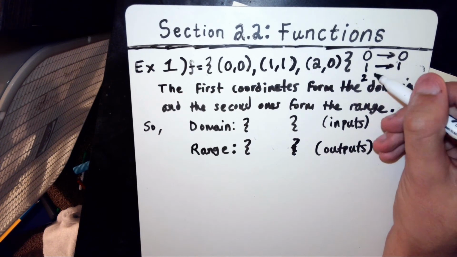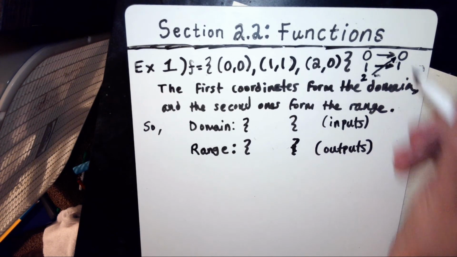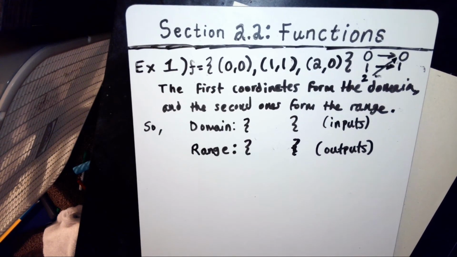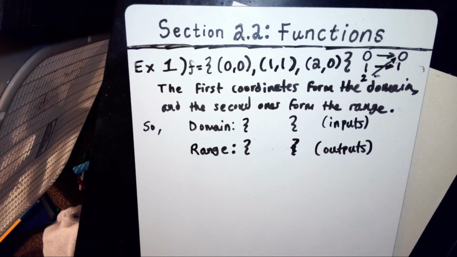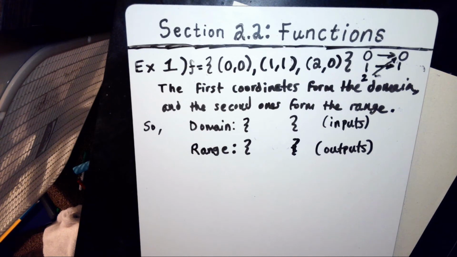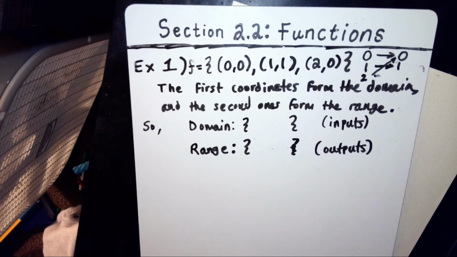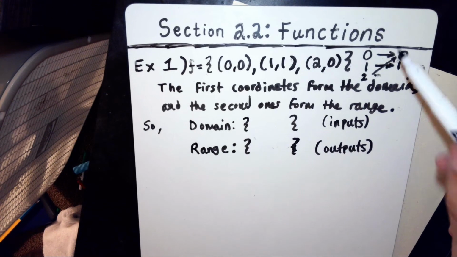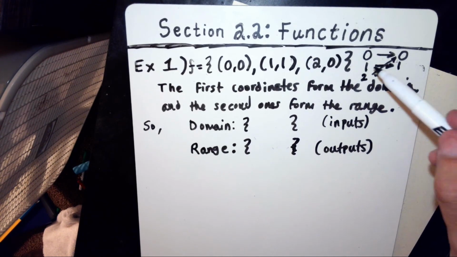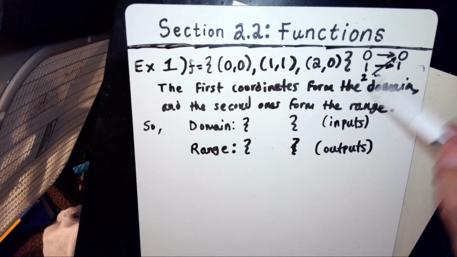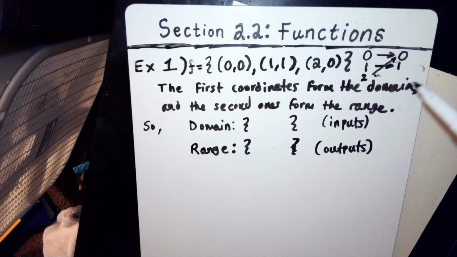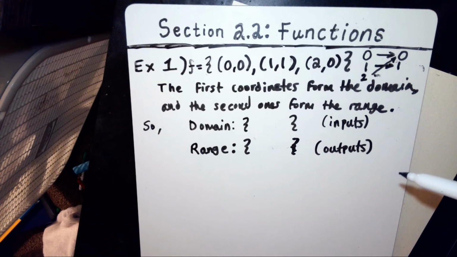What we need to check is that every element of the domain is paired with exactly one element of the range, and we can see that 0 is paired with 0, 1 is paired with 1, and 2 is paired with 0. So this is indeed a function. It's good that we checked to be sure.